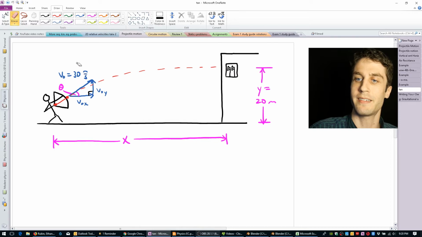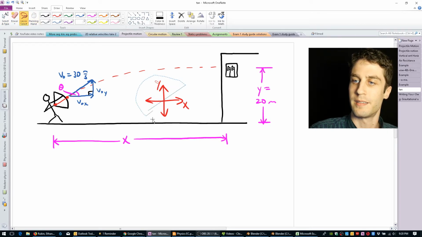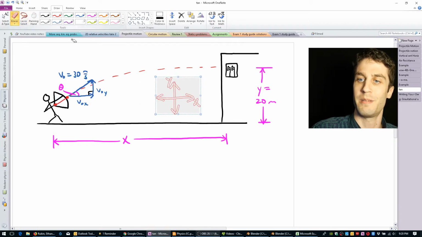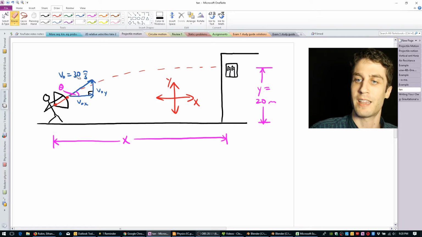All right, here's a little sketch. Here's Odysseus drawing back the bow. And I'll remember this time to draw our coordinate system. Here's X and Y. I'll put it directly on top of the place where the arrow is released from, but I don't want to do that just yet because I want to make sure you get a good chance to look at this figure. So he shoots it at 30 meters per second at some unknown angle theta.